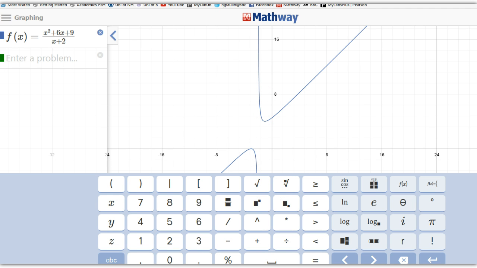And I'll draw in our vertical asymptote that we figured out already, which was at -2. Let's see here. If I can get it going here. There we go. Now it's going to be right about there at -2.